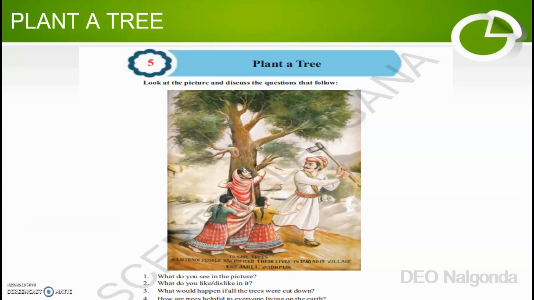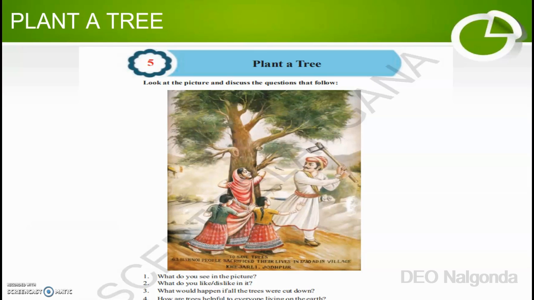The soldiers were sent by the Maharaja of Marwar to cut the trees in the village of Khejarli to provide the wood for a new palace. And you know, children, the killings were carried out on the orders of his minister, Giridhar Bhandari.